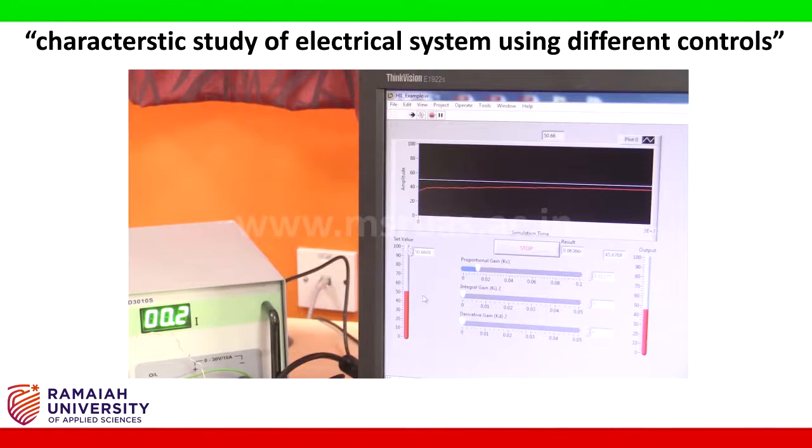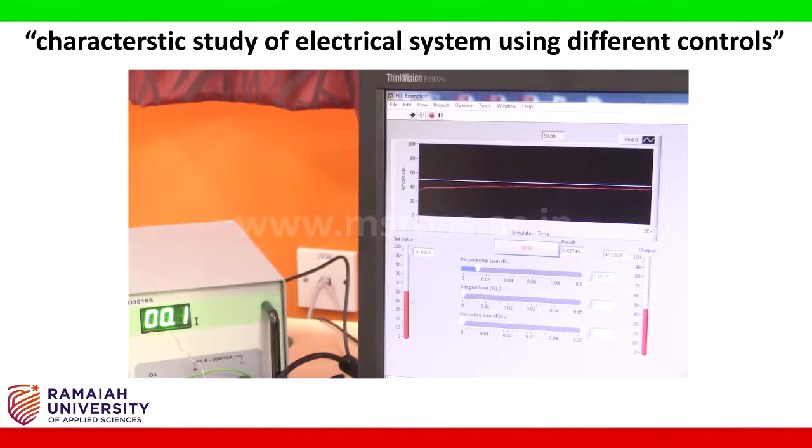And even though if you observe, after a particular period of time, the output temperature is within the range of 45 to 46 degrees centigrade. So we can observe that there is a small offset between the set point and the output temperature.